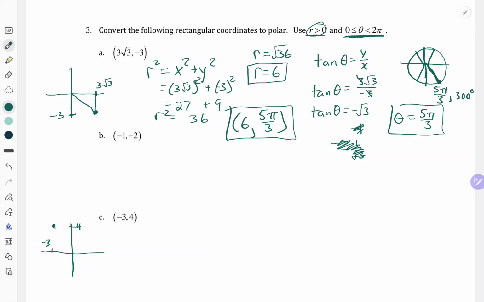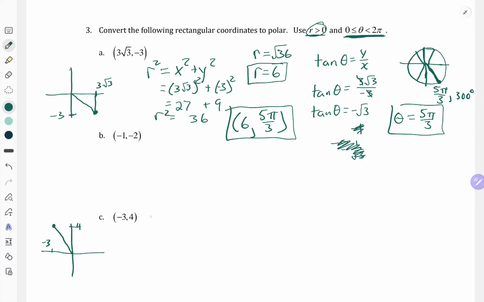So we're going to be in quadrant 2. Notice this -3, 4 is not going to be on my unit circle anywhere. And we'll see, even if we were to divide out, we're going to get a tangent value that's not going to be something on the unit circle. So we're going to have to use probably a calculator or Desmos for this one.